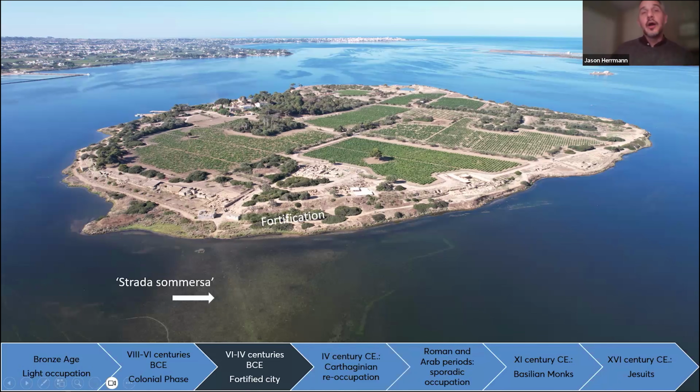At the end of the 5th century BCE, beginning of the 4th century, in 397 BC, rival Greeks from modern-day Syracuse, led by Dionysius I, laid siege to Motya, and after a few days of battle, destroyed the city.